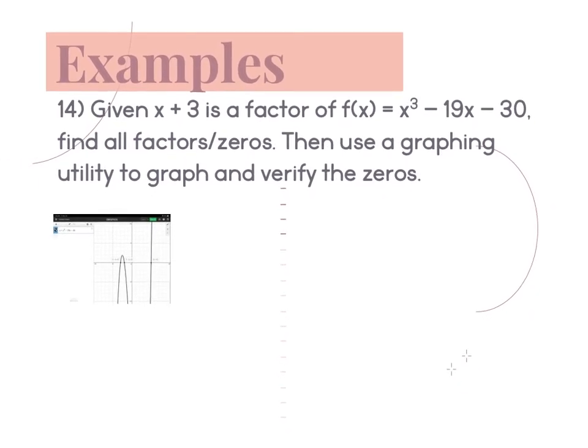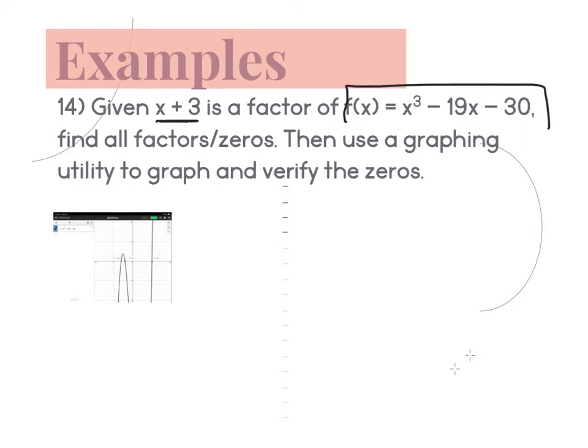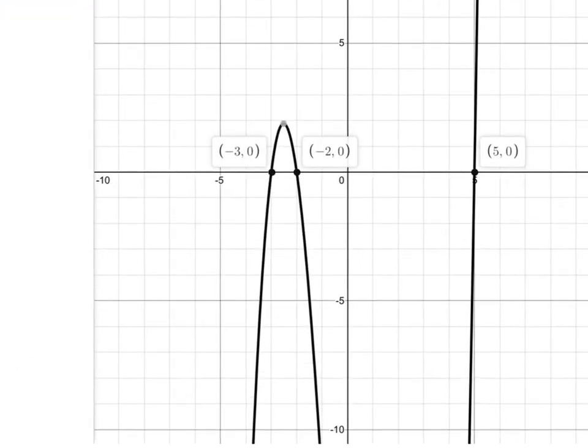Now, this time, they're still giving us one of the factors. So I can do my synthetic division using this factor. However, if the instruction said to use a graphing utility, then you would key this function into it to see where your graph hits the x-axis.